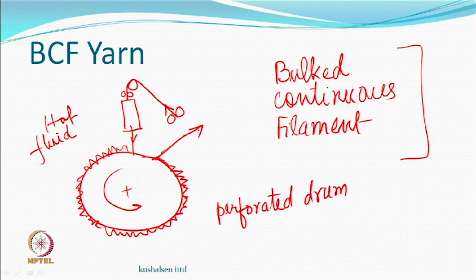Now, this jet is hot fluid, and therefore, it softens the yarn. Then it has got a lot of velocity and therefore, it throws the yarn. If it is a multi-filament yarn, not only it throws the yarn, but also it opens the filament.